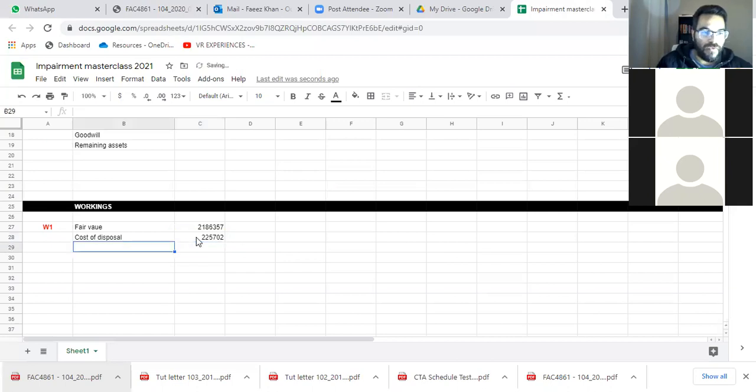Therefore, fair value less cost of disposal would equal the difference between the two. So it's going to equal 2186 minus 225.